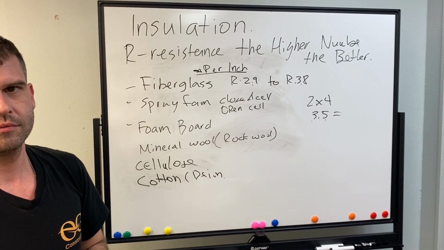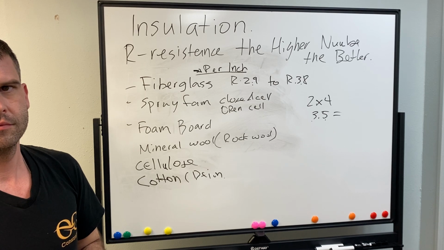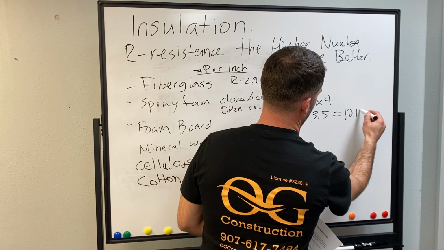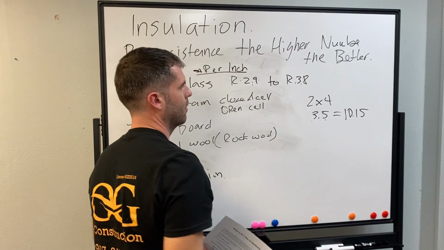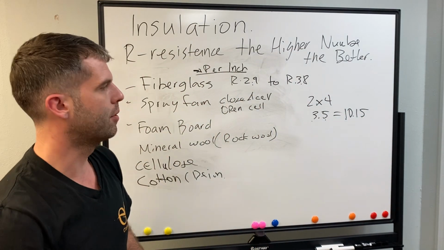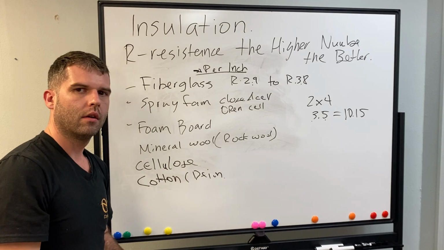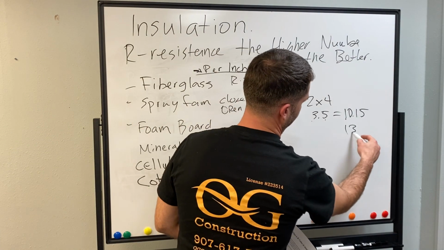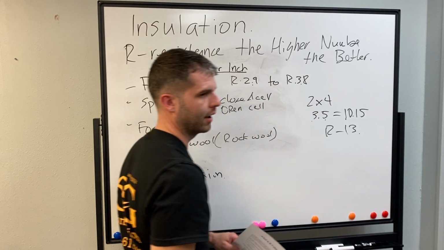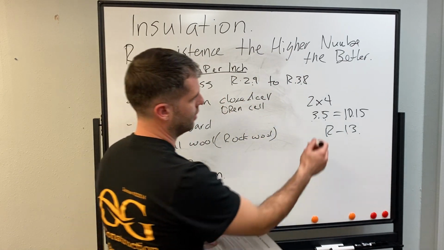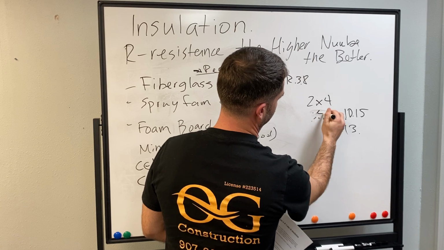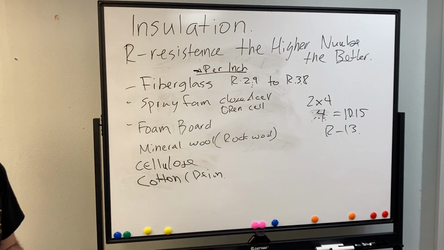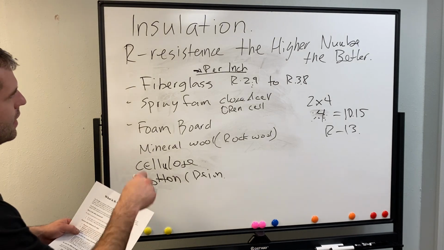Multiply 3.8, yeah. 3.5 times 3.8. 13.3. That's where you get your R13. Okay. You get it? I guess they don't do 3.5, they'll do it at 4. So if you do 4 times 2.9, that's what you get. So that is for fiberglass.